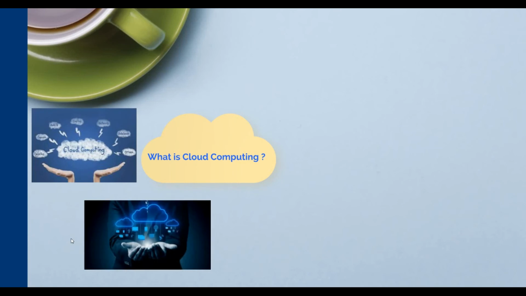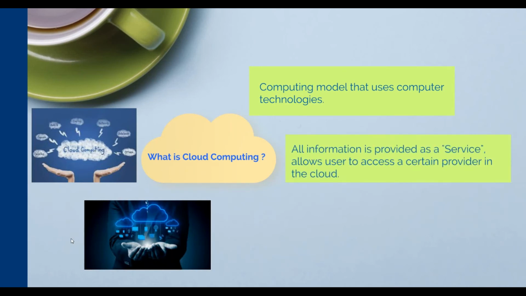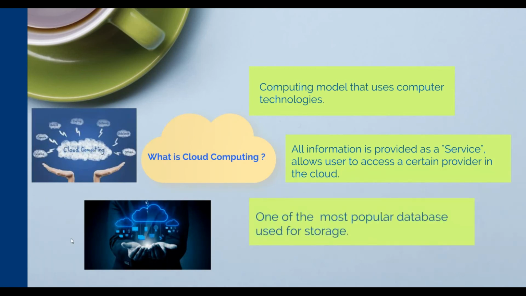Cloud computing is a computing model that uses computer technology and is based on the internet. It is provided as a service that allows users to access the service from a certain provider in the cloud. And cloud computing is the most popular option used for storage, such as Google, Android, or something like that.